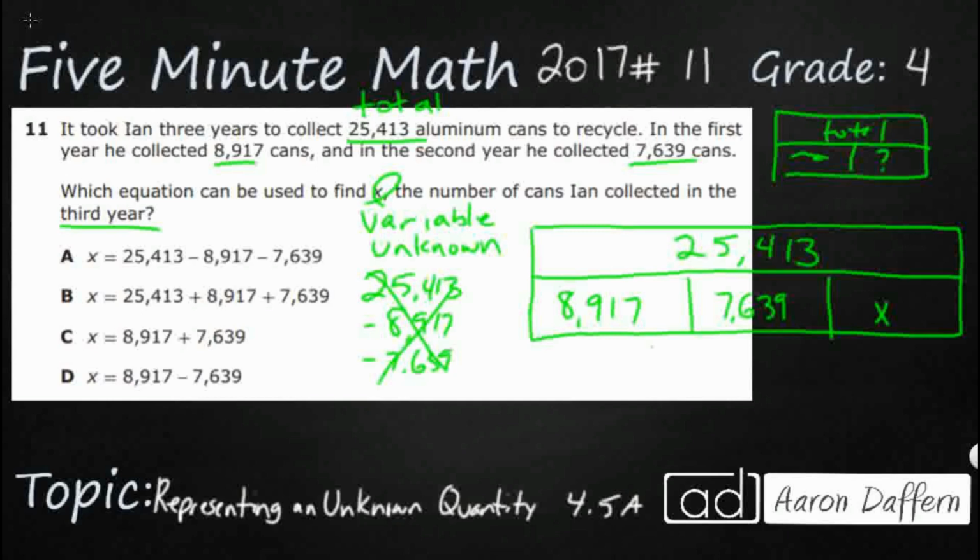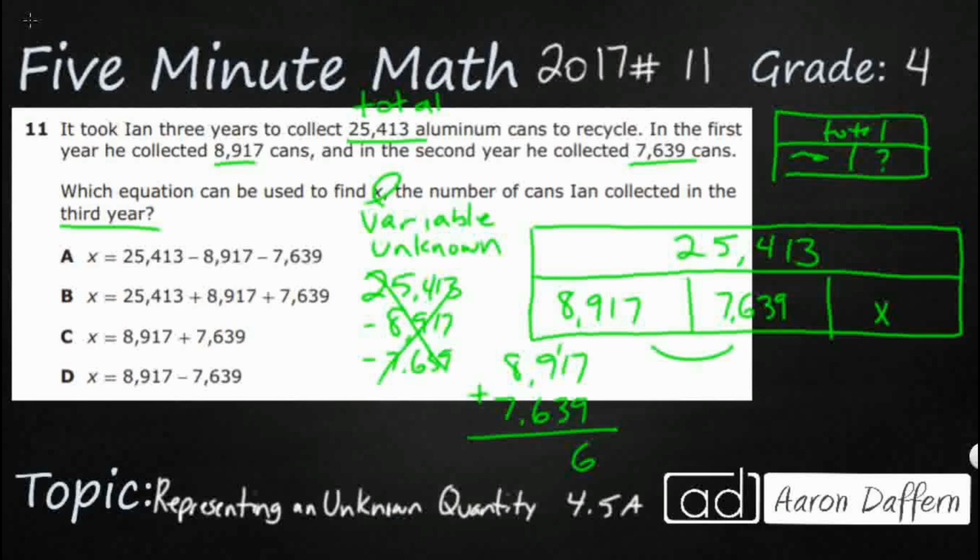So what I could do is add these 2 right here, see what that total is, and then subtract that total from my 25,413. So let's see if I can add that. 8917 plus 7639. Let's just add that.